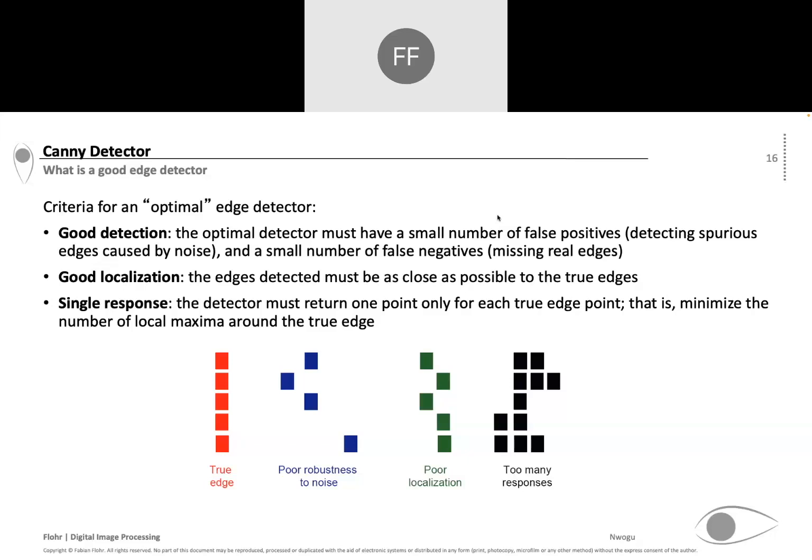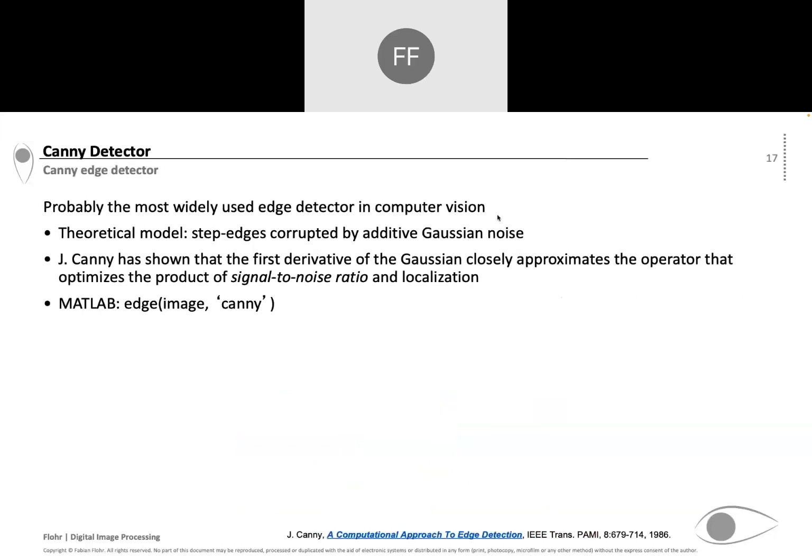In the ideal case, you would like to receive a single response like that. So those are the three criteria for an optimal edge detector, and the Canny edge detector is trying to achieve that.